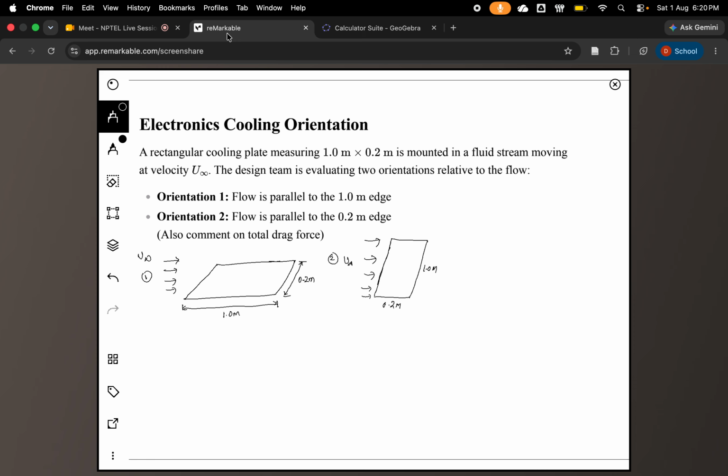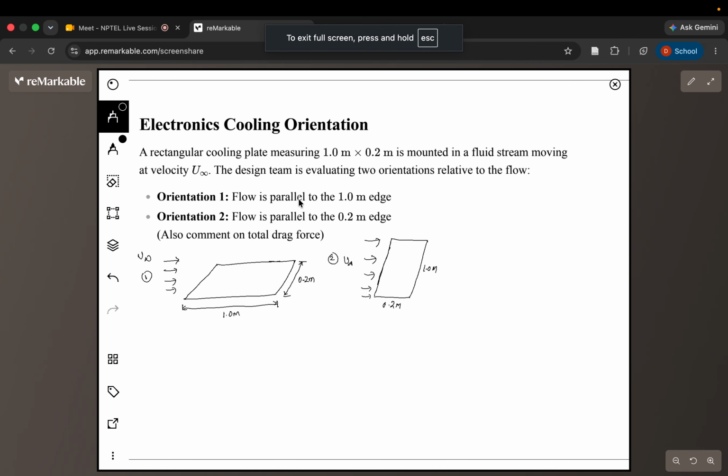Okay. But first, let us agree on one point. Does the orientation matter, or doesn't it? Any orientation gives you the same value because the area of the total chip is the same, whichever way you keep your fan, and the total amount of heat generated is also going to be the same.